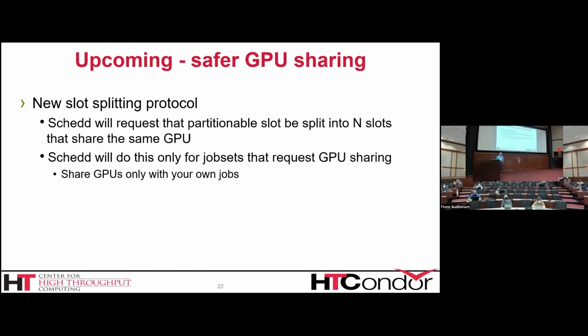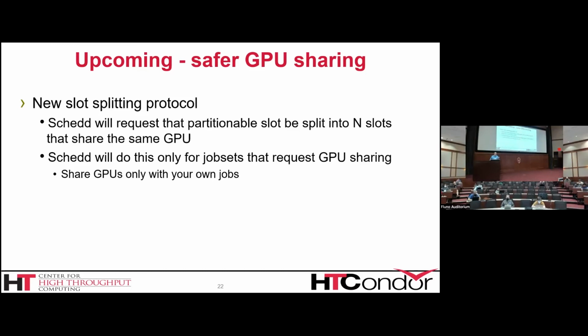Upcoming work that we are working on right now, but not ready to show you, is a better way to do this. So we're going to change the P-slot claiming protocol. I'm getting down in the weeds here, where right now when we go to a startd and we say, here's a partition slot, I have a job that I want to match here, please create a dynamic slot that is big enough to run this job.